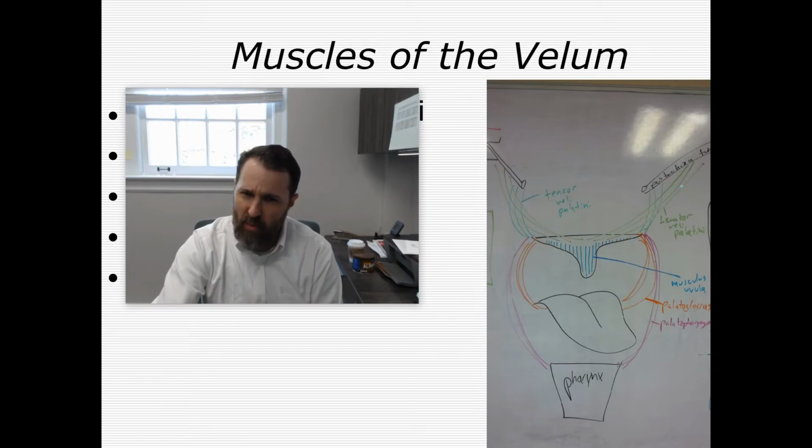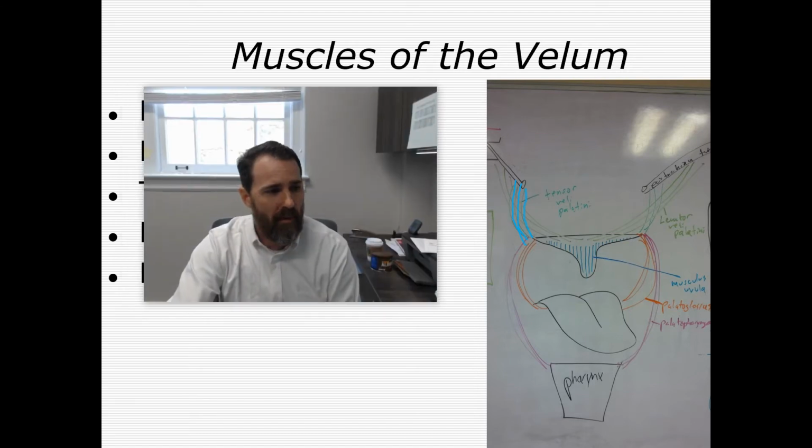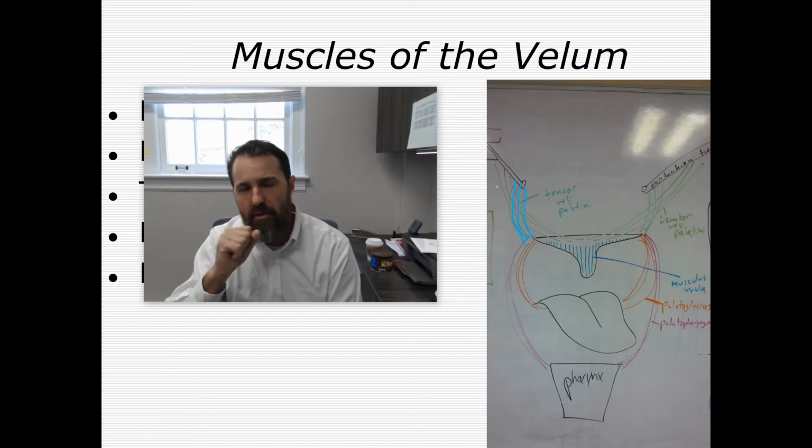The next muscle we're going to talk about is also up here. It is the Tensor Veli Palatini, and it runs from the eustachian tube down to the lateral portions of the velum. And the purpose of the Tensor Veli Palatini is that it dilates the eustachian tube.